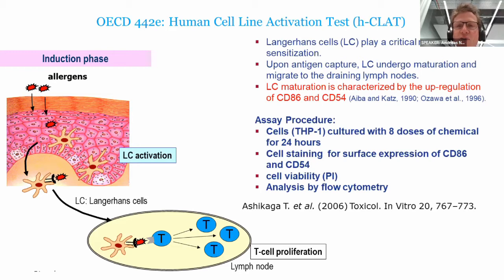And this is what's called the h-CLAT test, the human cell line activation test, which was first published already 14 years ago, and which is the first test which made it into 442E.